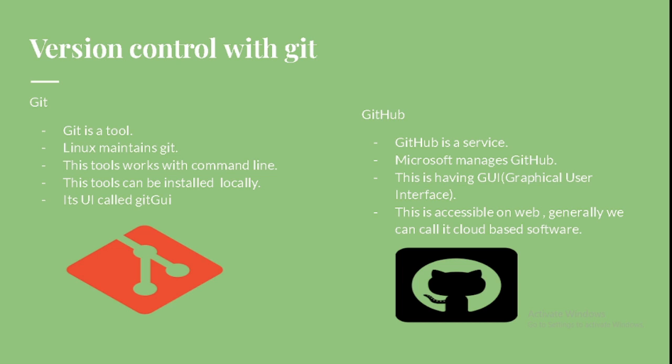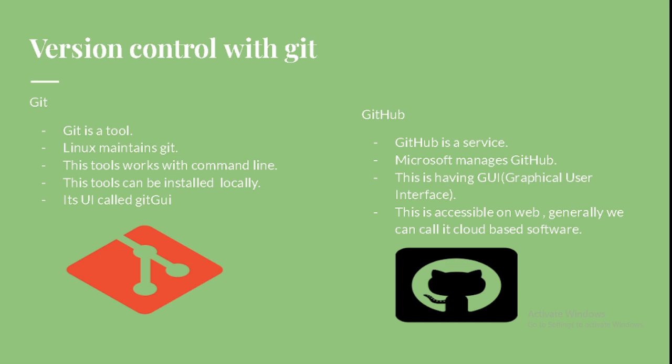We know that we can install Git in our local system and work with commands in our local system. So Git is a tool that works with the command line. However, GitHub is a service and it has a GUI, so we can access the GUI and do the work with it. As I told you, we can install Git locally.